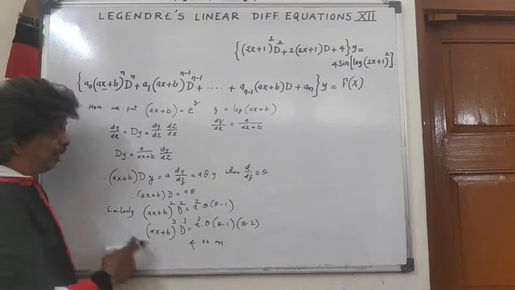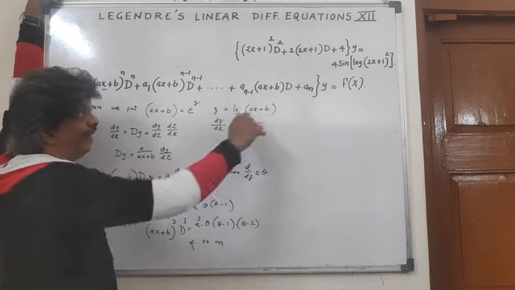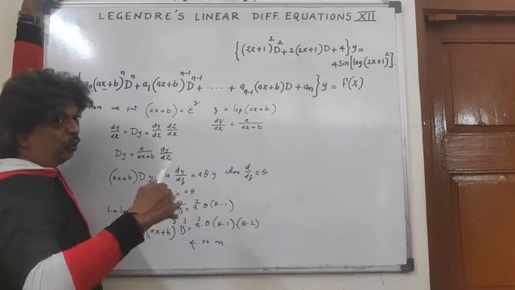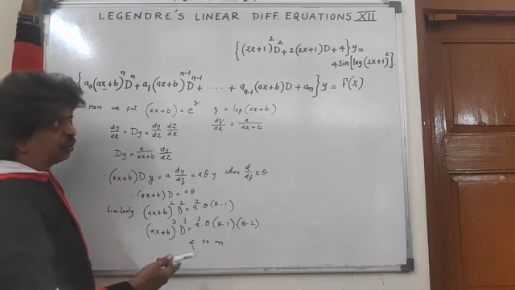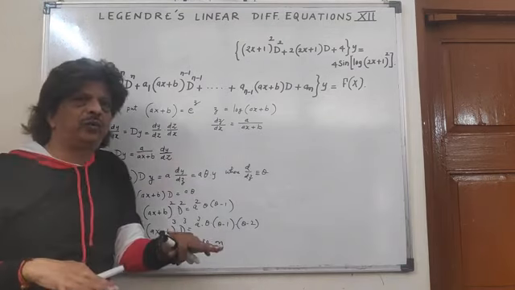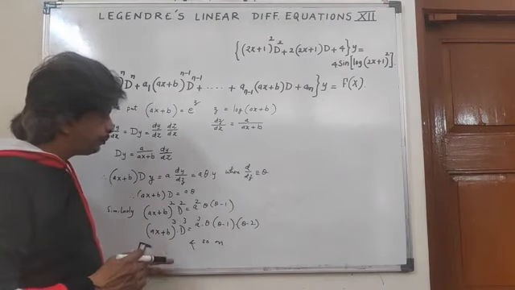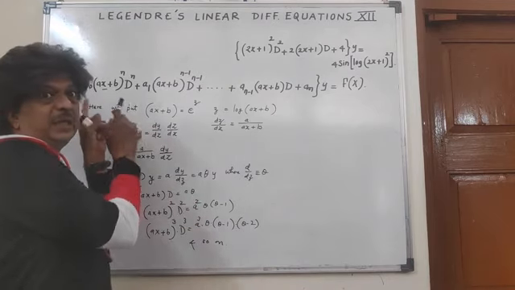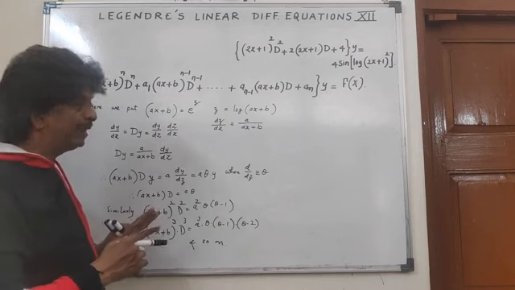If we substitute all these operators, ax plus b times D, ax plus b whole square D square, ax plus b whole cube D cube, these values, that reduces into linear differential equation with constant coefficients. So by virtue of simply these substitutions, we transform this Legendre's differential equation into the linear differential equation with constant coefficients.